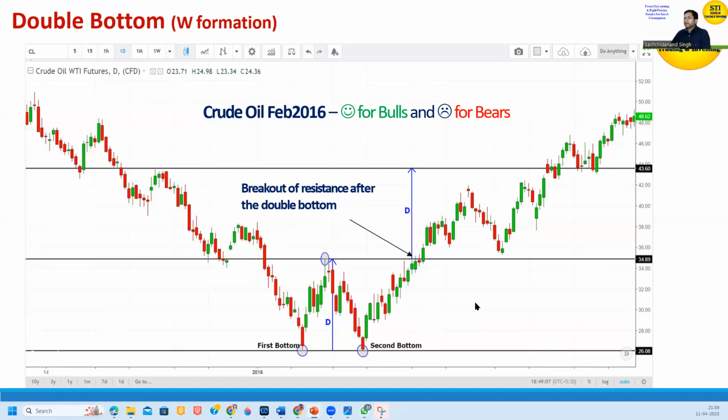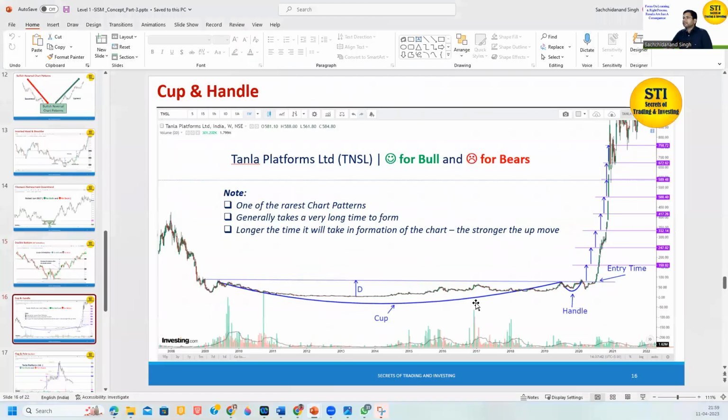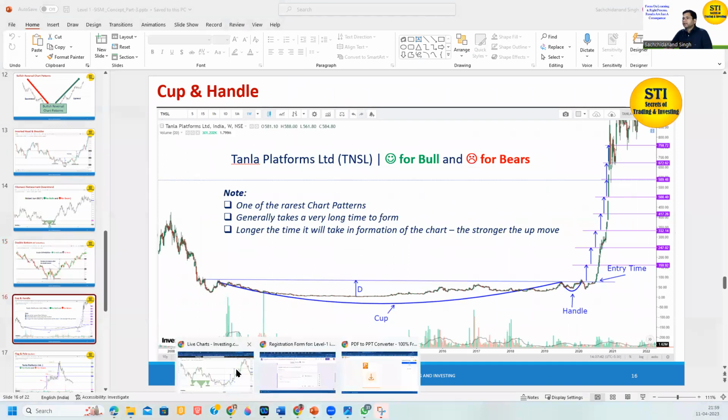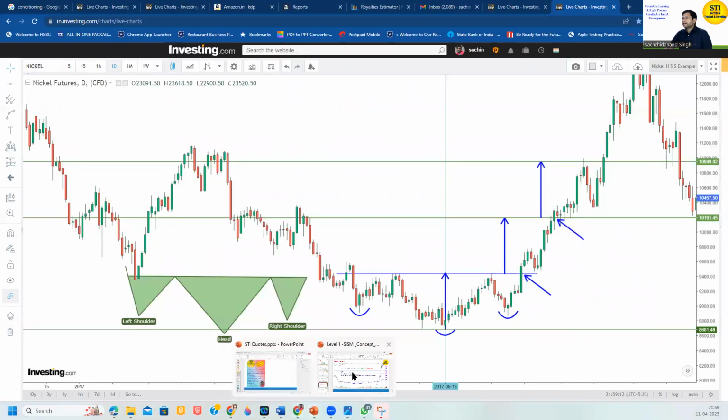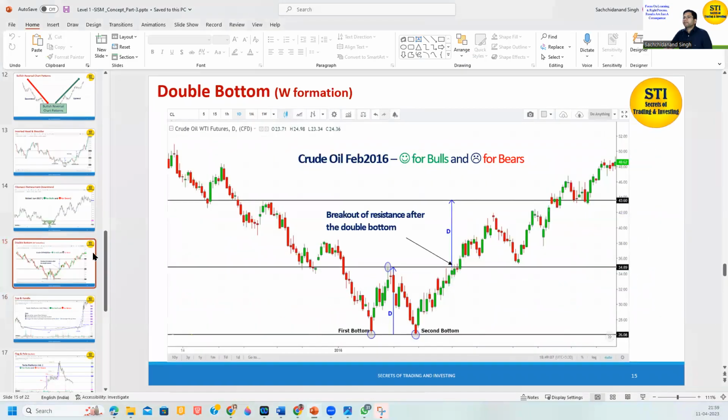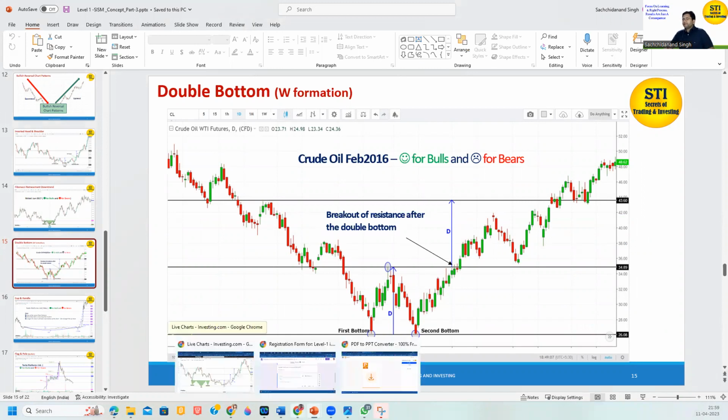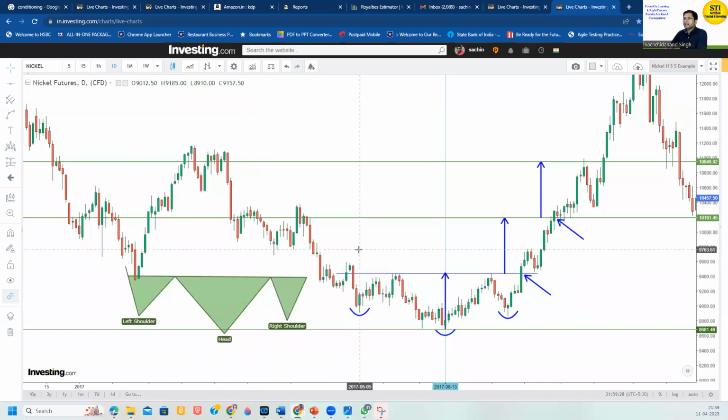So let's look at this example in a real-time chart. The example is crude oil. I am just trying to show you different examples in the form of charts. So far we have had a lot of charts related to stocks.